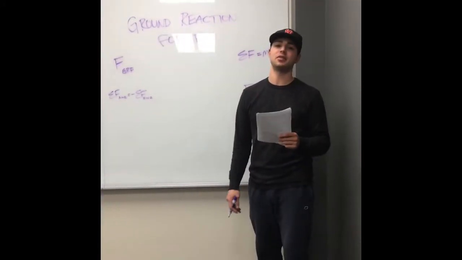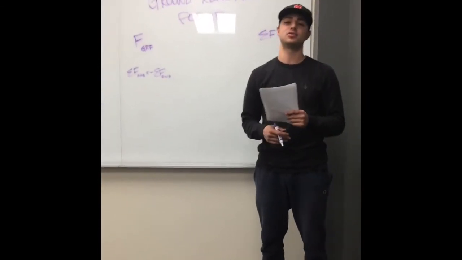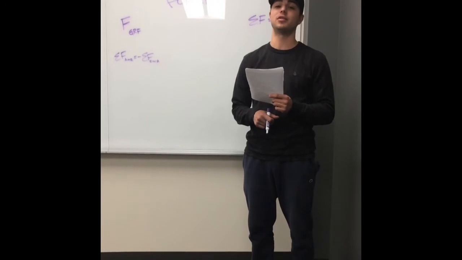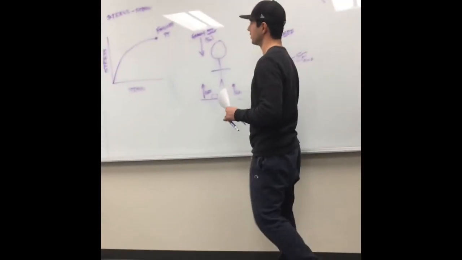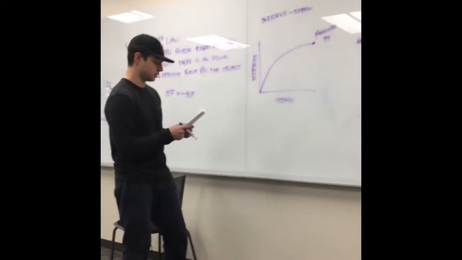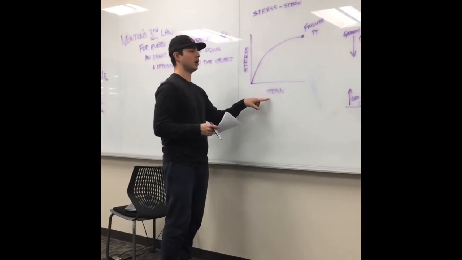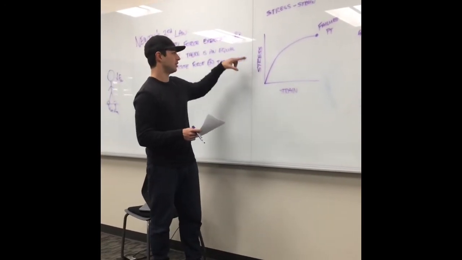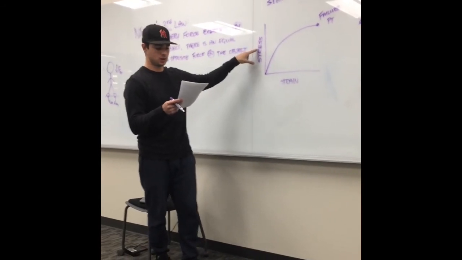Also, understanding ground reaction forces can be vital for any athlete who's trying to rehab or recover from an injury. To understand this connection a little bit better, let's take a look at the stress-strain model here. We know that strain is the amount of deformation that an object takes with an amount of force or a stressor applied to it.